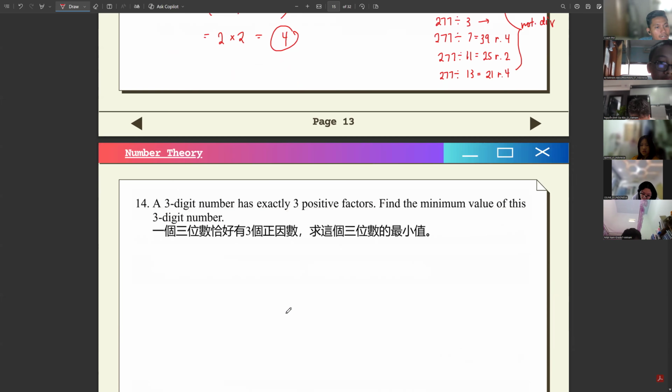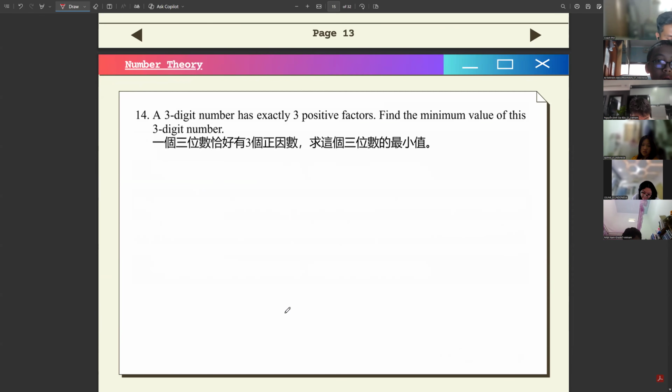Next problem. A 3-digit number has exactly 3 positive factors. Find the minimum value of the 3-digit number. Now, this particular condition, exactly 3 positive factors, only happens if and only if it is a square of a prime number.